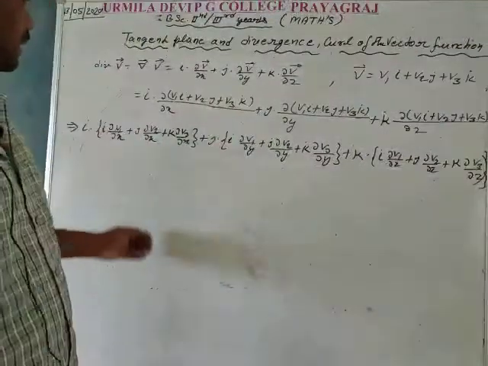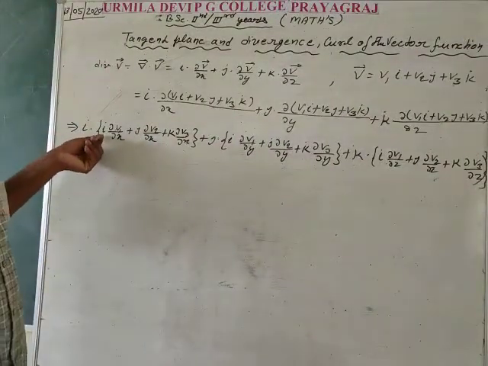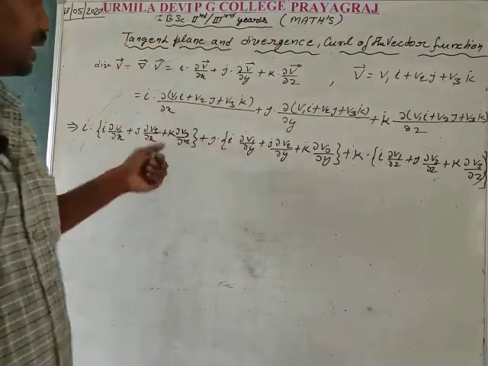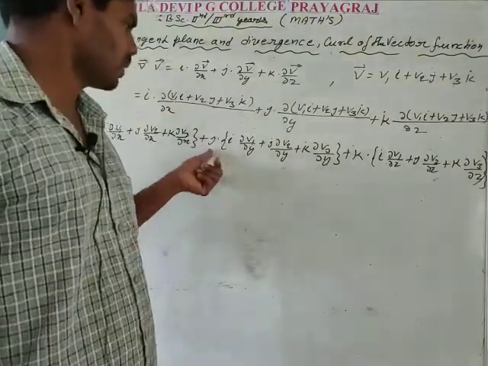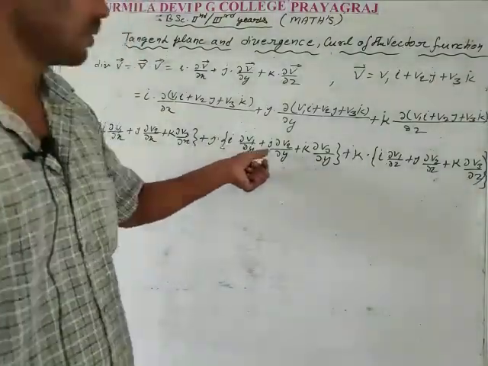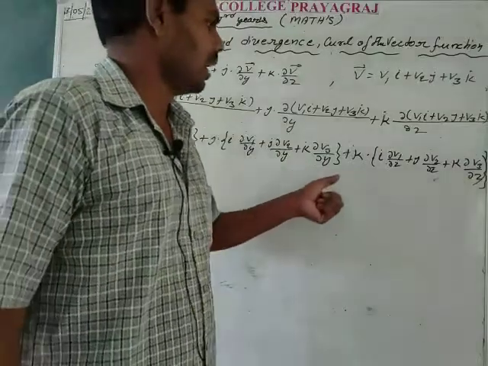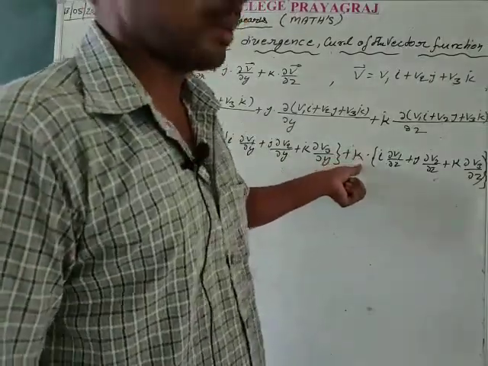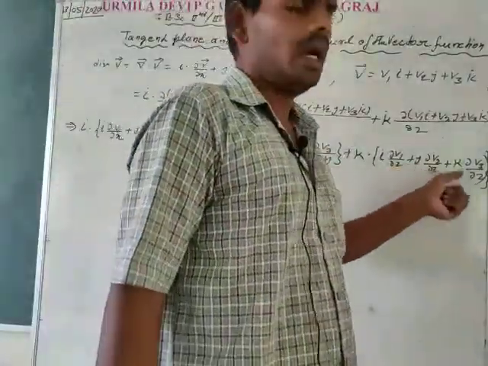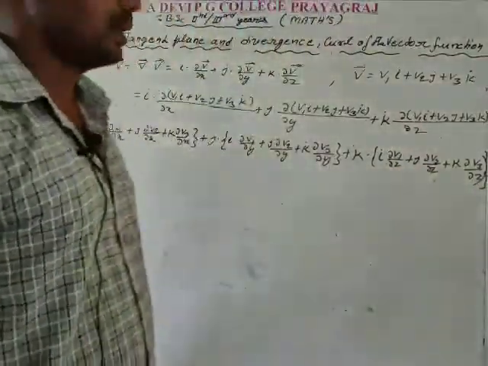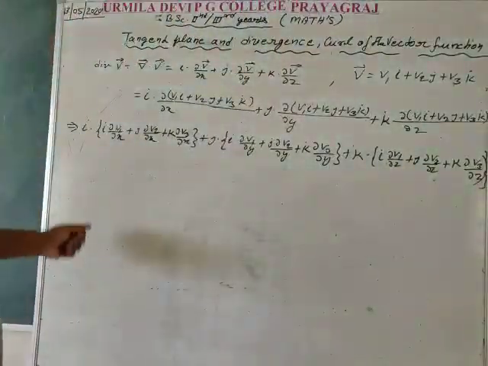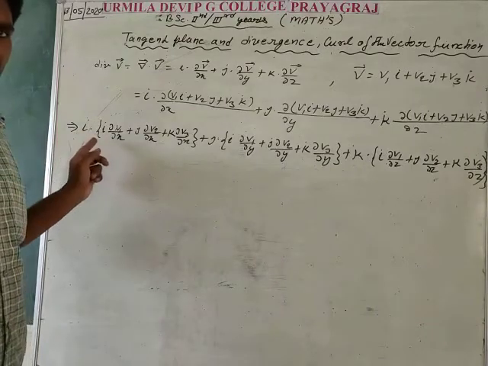First, taking the dot product of i with i, j, k, then j with i, j, k, and k with i, j, k, applying all the rules of dot products of vectors.